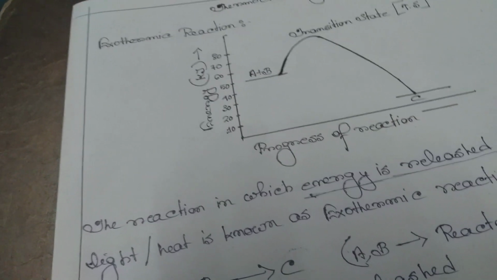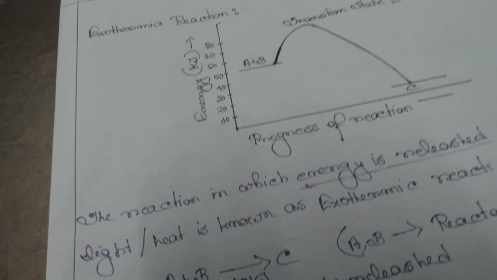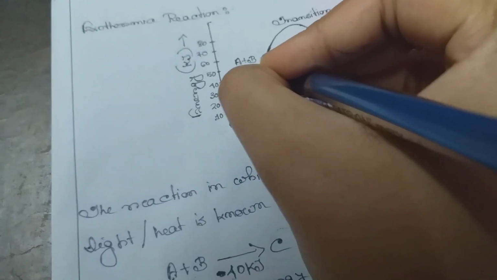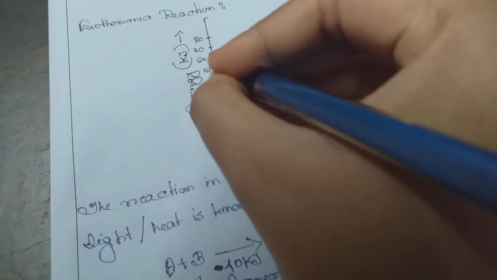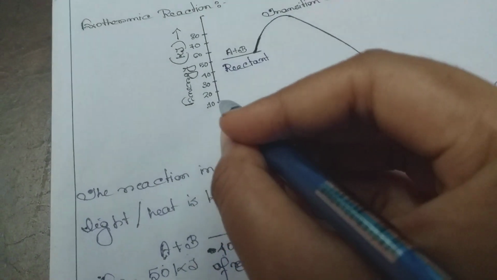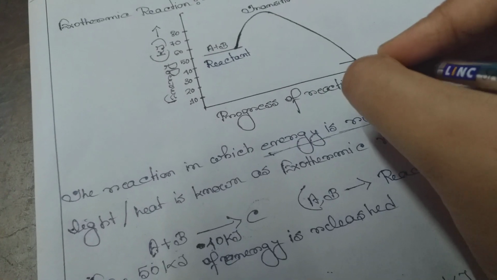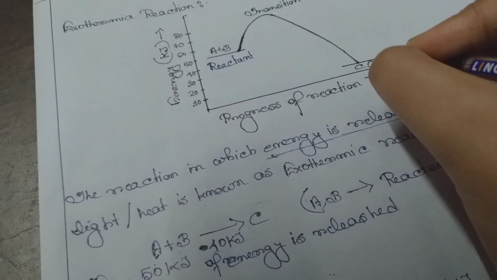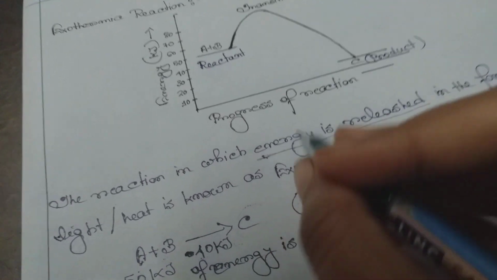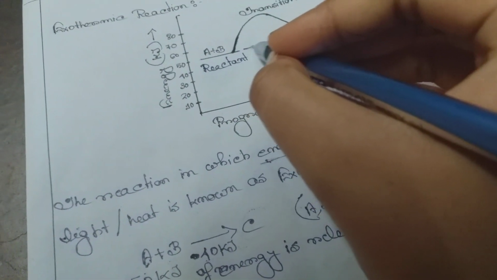Okay, I plot this in this graph where A and B are reactants having energy 50 kilojoule and C is the product having energy 10 kilojoule. So, what will be the amount of energy released during the reaction?